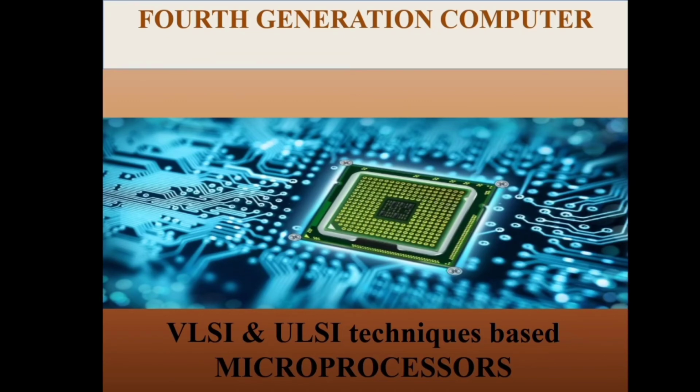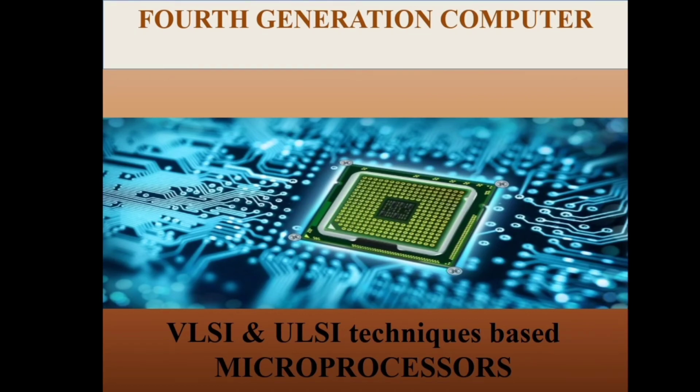They are smaller, energy efficient, and more reliable than the earlier generations of computers. And the storage capacity of fourth generation computers is very large. They are extremely powerful and can process millions of instructions in a fraction of a second.